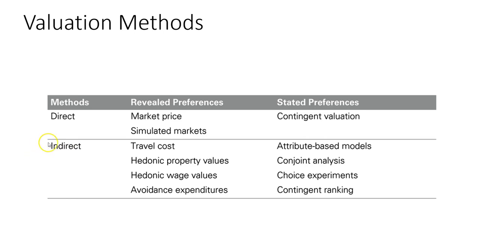And we're not going to worry about the direct or indirect approaches. We're just going to lump all these together and talk about how these things work. So I'm going to talk about, I think first is the averting expenditure approach. Then we'll talk about the travel cost approach, hedonic property value and hedonic wage approach.